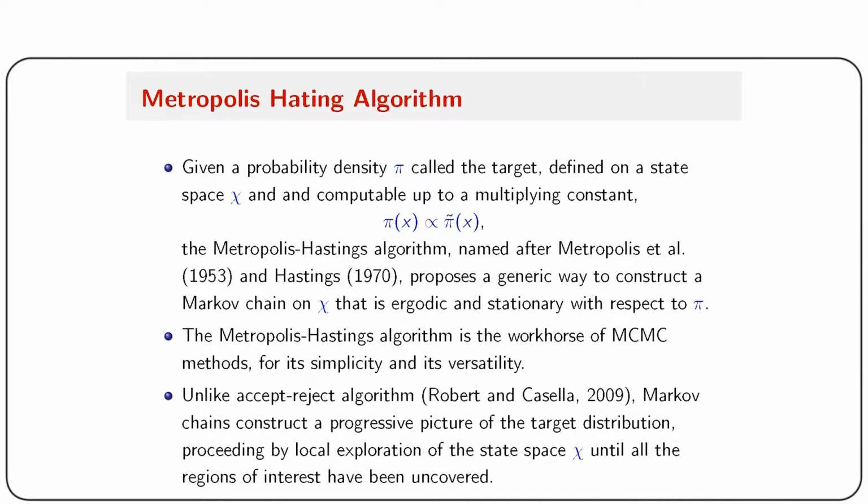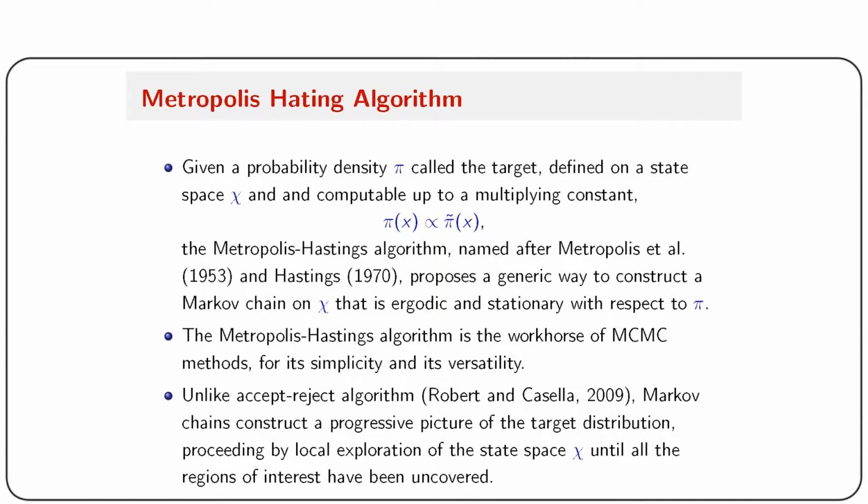The Metropolis-Hastings algorithm, named after Metropolis et al. and Hastings, proposed a generic way to construct a Markov chain on chi that is ergodic and stationary with respect to pi. The Metropolis-Hastings algorithm is the workhorse for MCMC methods for its simplicity and its versatility.